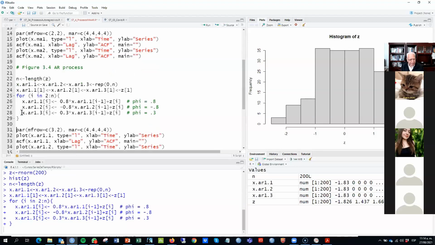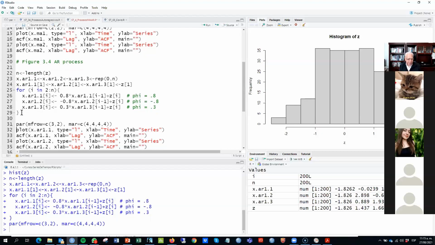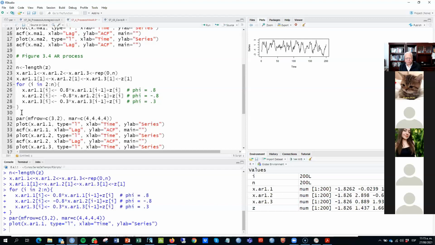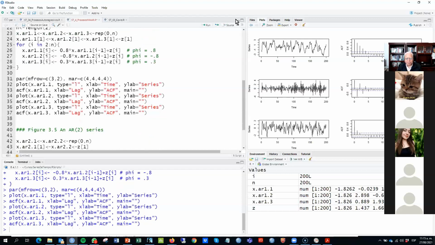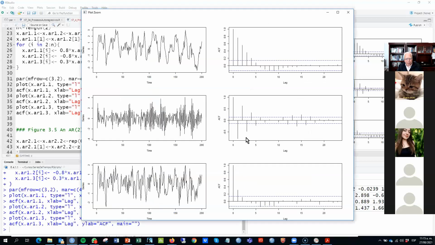So I generate this, and I'm going to plot the 3 series and their ACFs. Now these are numbers generated randomly from an AR1 process, so all 3 are AR1 processes.